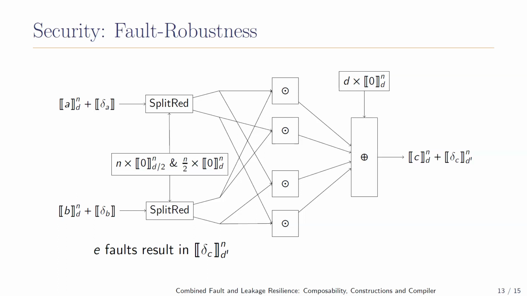And we can prove that this delta C is either of a higher degree, meaning larger than d, and we can detect the fault, or it's simply the constant zero polynomial, hence there is no effect of a fault. And this allows us to provide fault robustness.